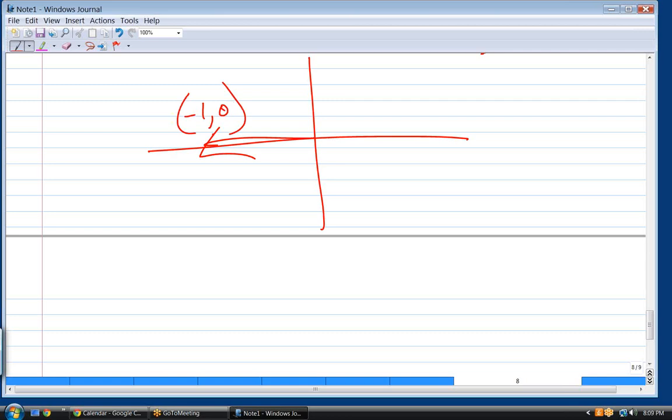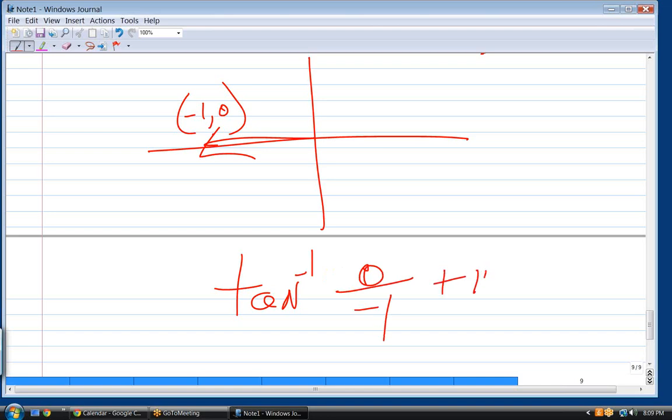Yeah, as opposed to 0. And the reason it's 180 is because it's the inverse tangent of 0 divided by -1, plus pi, because x is negative. The inverse tangent of 0 is 0, so I have to add pi to get the 180.